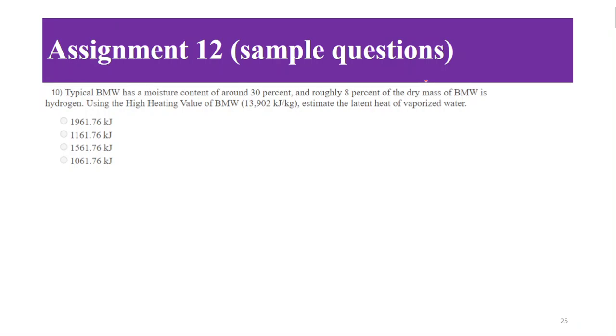And of this dry mass, 8% is hydrogen. So hydrogen is 0.08 of 0.7 kg. So this is 0.056 kg.